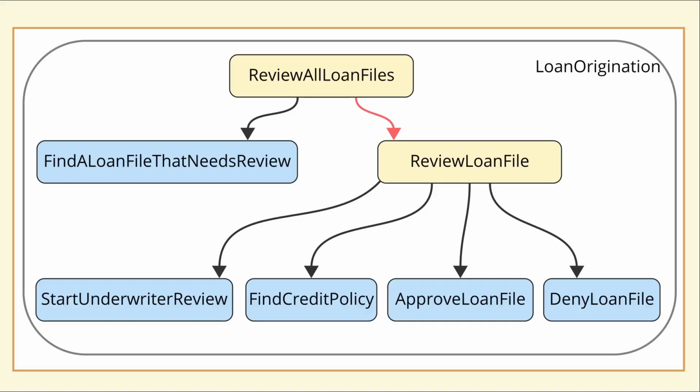And this is not unique to only this relationship. If we were to have changed this relationship instead, we would have to fix the domain logic in find a loan file that needs review because it actually does contain domain logic. But review all loan files would not have to be changed at all just because we changed the interface to find a loan file that needs review. So that is interesting.